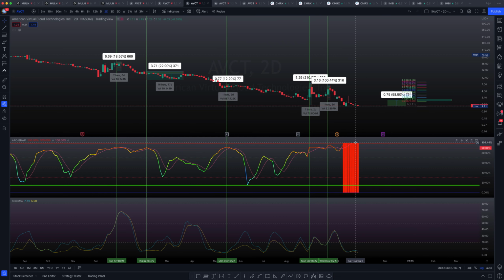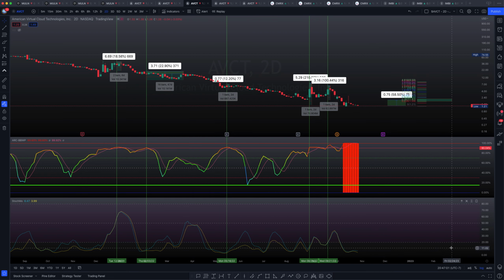This is indicating a high probability of huge volume or volatility coming in for AVCT in the near term. Since it is a 2-day chart, we can look at these contractive moves to the downside within the next trading session to a week, right?